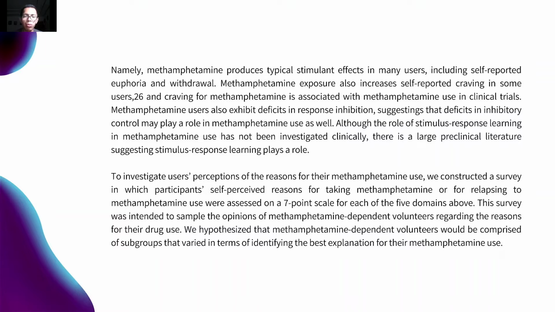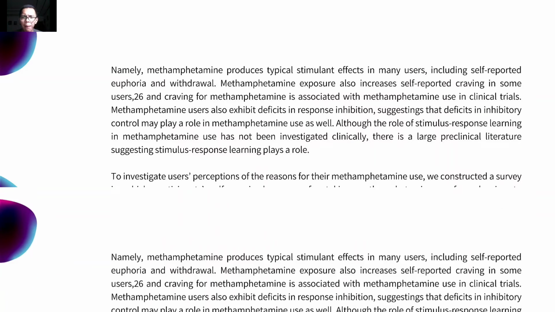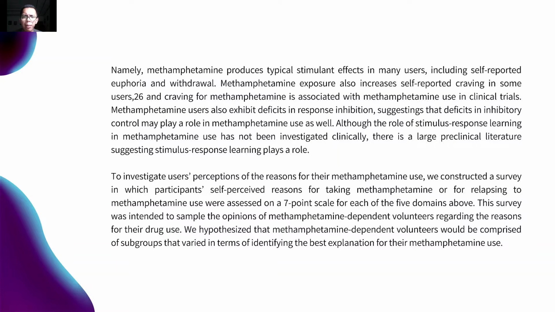Methamphetamine abuse can potentially be explained by the aforementioned preclinical models of addiction. Methamphetamine produces typical stimulant effects in many users, including self-reported euphoria, and withdrawal. Methamphetamine exposure also increases self-reported craving in some users, and craving for methamphetamine is associated with methamphetamine use in clinical trials.